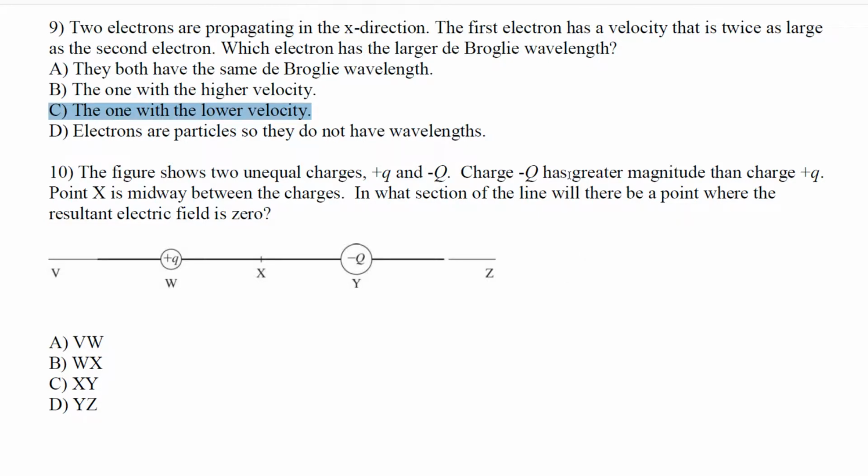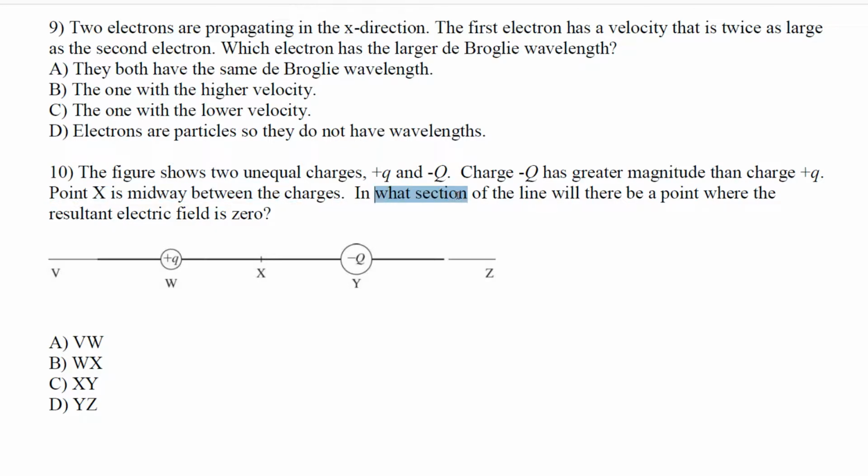The negative charge has a greater magnitude, in other words, it's bigger in size. So neglecting whether it's positive or negative, it has a larger amount than the positive charge. Point X is midway between the charges, perfectly halfway between the two.